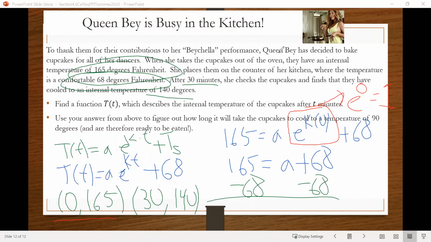And so when we do that, it looks like we get A equals 165 minus 68, I believe is 97, is that right? Yeah, it is. All right, good. So now we have the value for A. So we can put that into our equation over here.